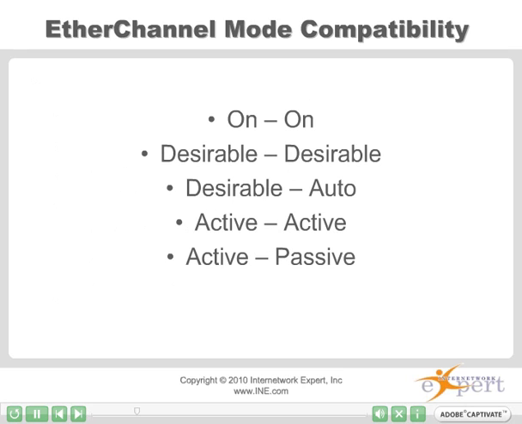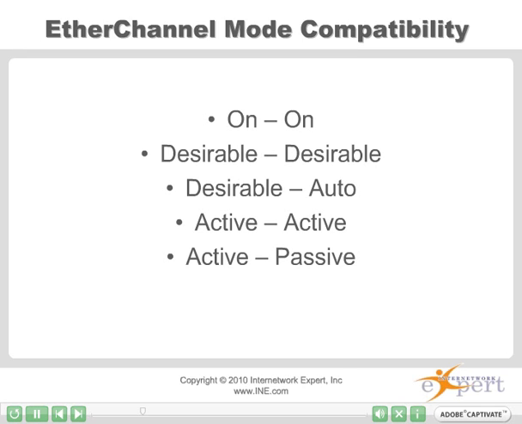Notice that depending on how you configure the links, you may or may not get an EtherChannel forming. Obviously, an on-on relationship is a completely static EtherChannel configuration, and we have the formation of the EtherChannel. Desirable-desirable, well, that'll work. Each side wants to do it, and each side wants to use the Port Aggregation Protocol.